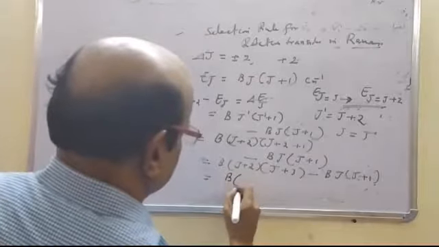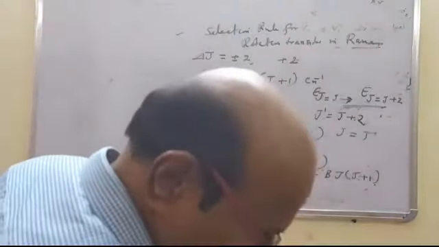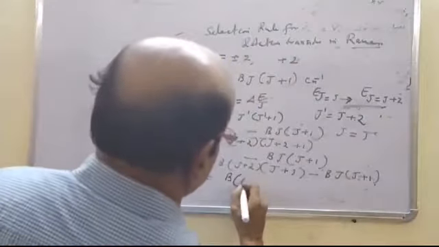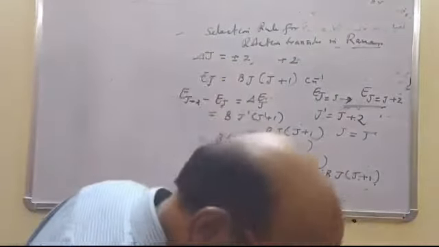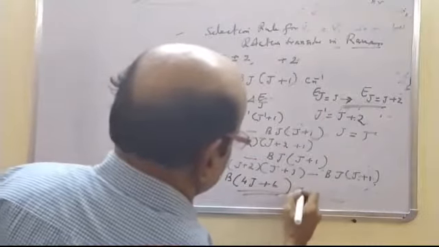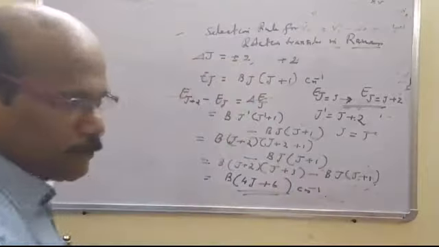B into 4J plus 6 എന്ന് കിട്ടും. ഇതാണ് ഇച്ചിരി ബുദ്ധിമുട്ടത്.